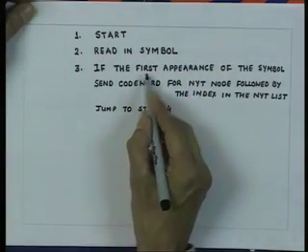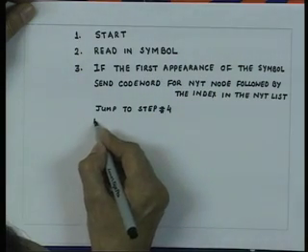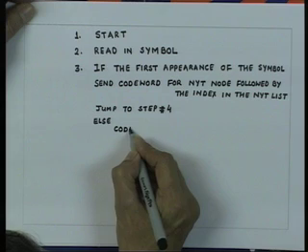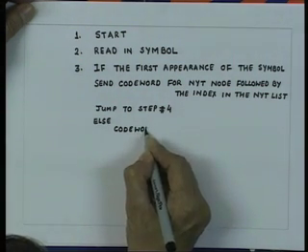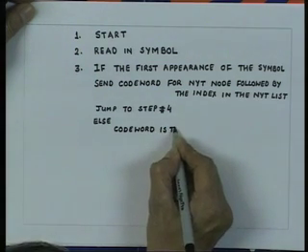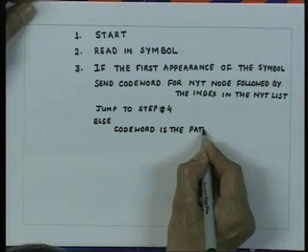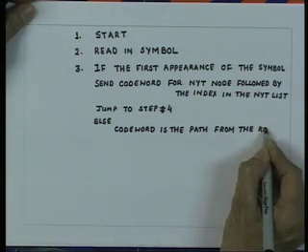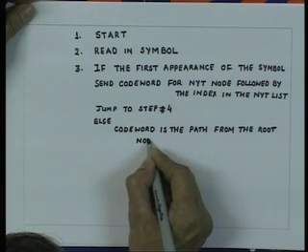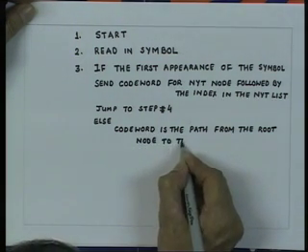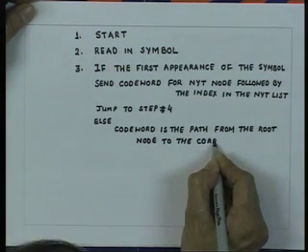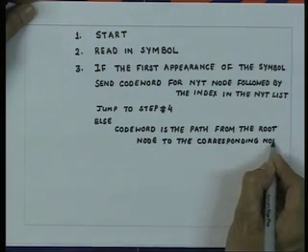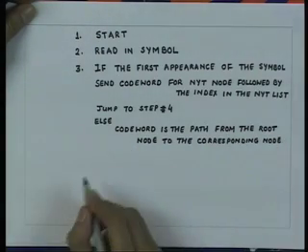If this condition is not true, that means it is not the first appearance of the symbol, then else, the code word for that symbol is the path from the root node to the corresponding node for that symbol, and then again you call the update procedure.